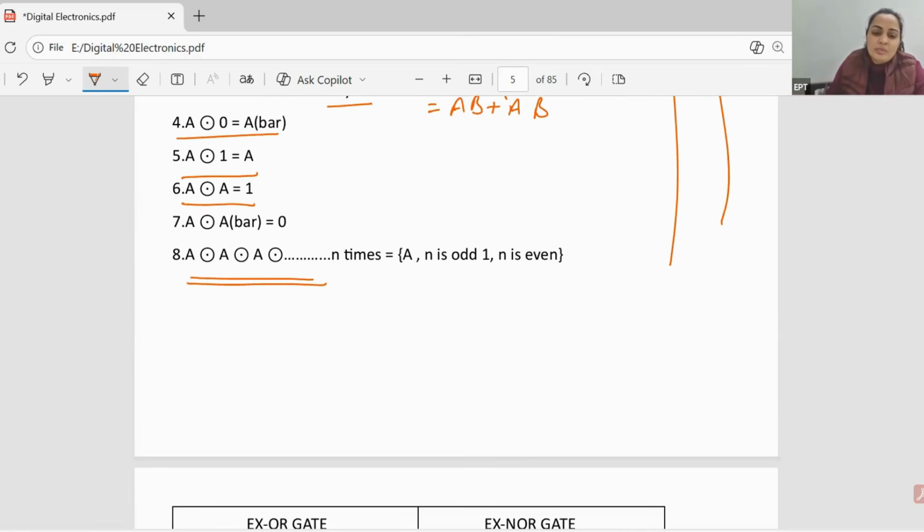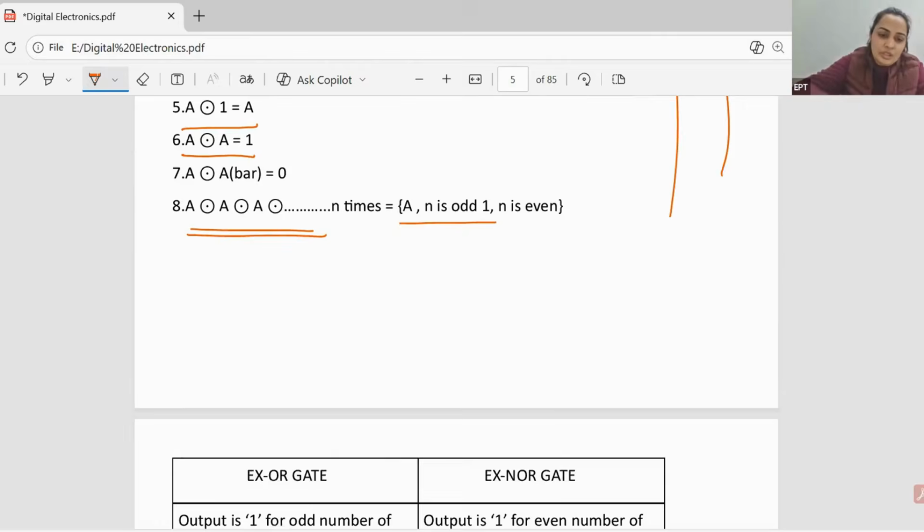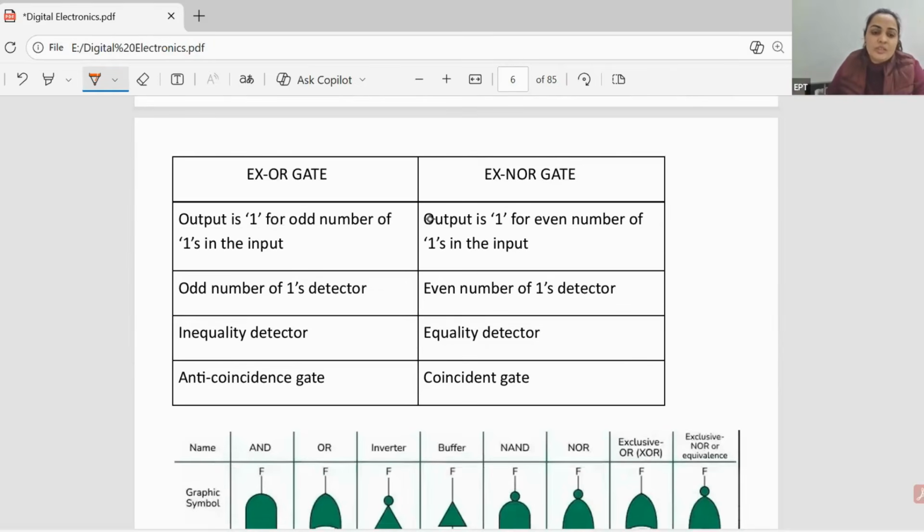This is again very simple. I already explained it for XOR, so I hope you can do it. Now here you can see a table is given for the XOR or XNOR gate. For XOR, output is 1 for an odd number of ones. For XNOR, output is 1 for an even number of ones in the input signal. XOR is an odd number of ones detector. If in any input sequence we have an odd number of ones, then the output will be high, right?